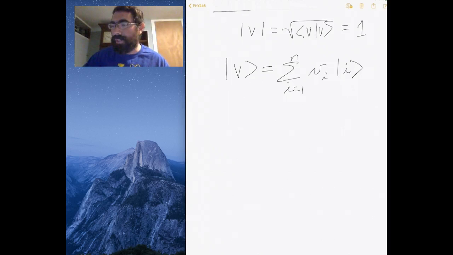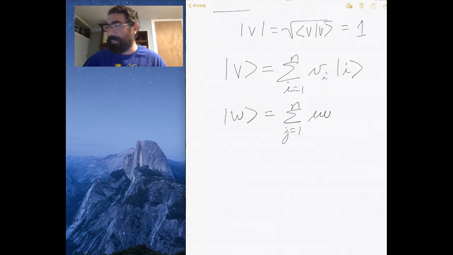Then if we write W, the linear vector space W, as again a sum of basis vectors, we sum up all the components, some scalar, little w sub j, times its basis vector, which I'll write as j. So v is in terms of the basis vector i, and w is in terms of the basis vector j.